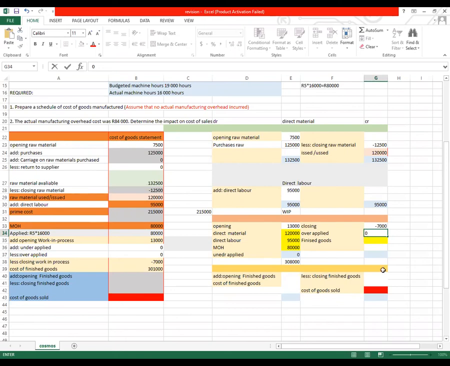Here, guys, is just a revision for you. This minus closing, you see, you still get the same answer using T account. It's up to you which format you are comfortable with.